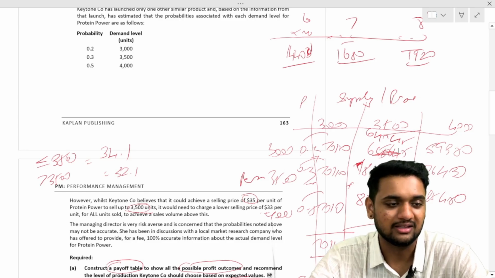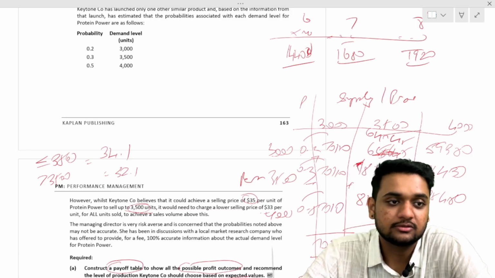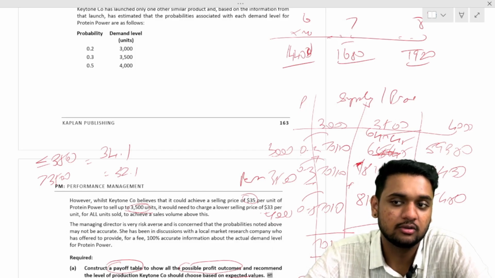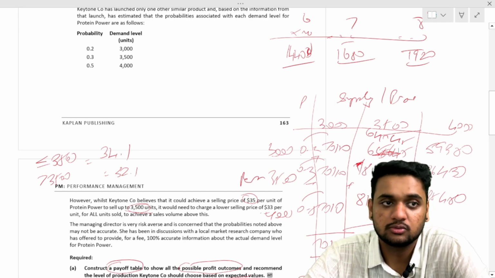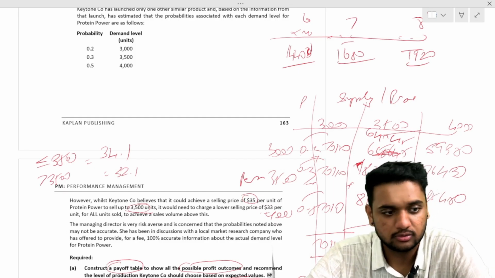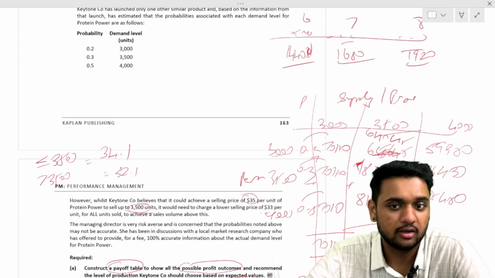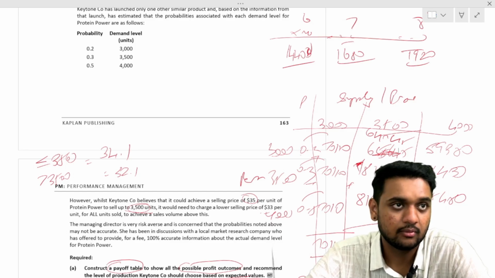Round off, do whatever, use calculator and tell me the answer. 0.2 into 64,745, 0.3 into 81,795 plus 0.5 into 81,795.